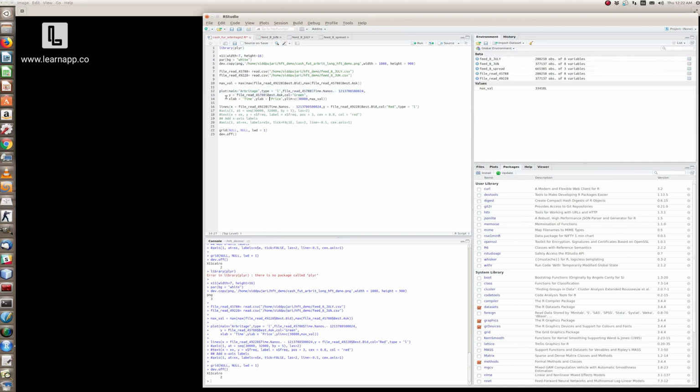As you can see, the best ask for July, 45788 token, is green. And the best bid for June is red.